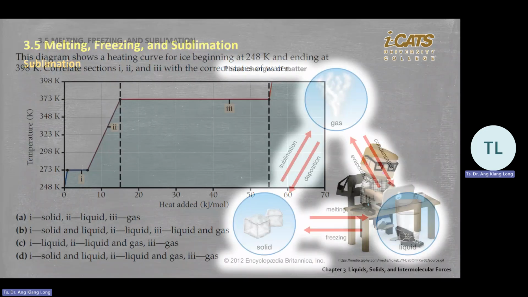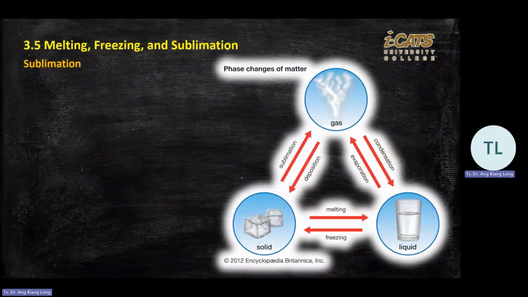Okay, the next one will be sublimation. If you understand this diagram, I think you've seen this one before. Sublimation actually skips the step of liquid state, going straight from solid into gas.